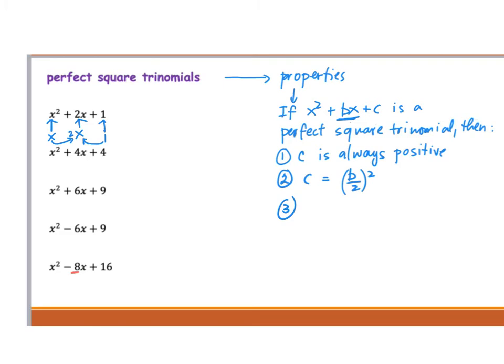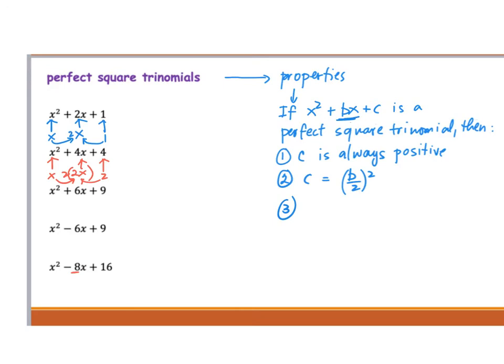This pattern holds true for any perfect square trinomial. Like in the second example, the square root of x squared is x, the square root of 4 is 2. When you multiply these two, x times 2 is 2x, and when you double it, the result is 4x.